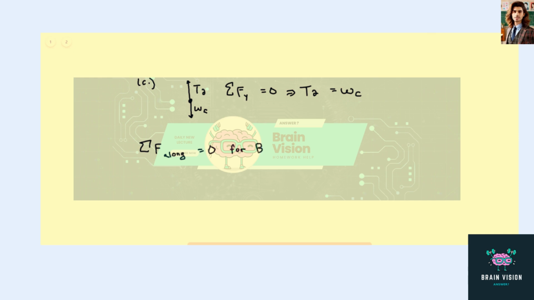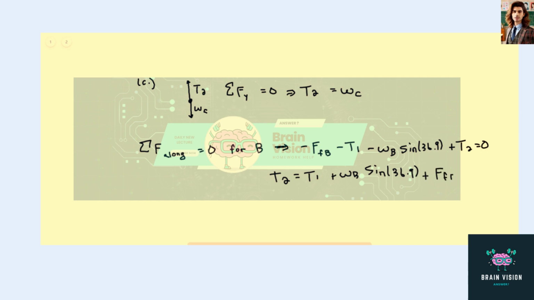This, again for block B, gives negative friction force of B, because it's pointing in the negative direction, minus T1 minus the weight of block B times sine of 36.9 plus T2 is equal to 0. Solving for T2, this gives T2 is equal to T1 plus weight of B times sine 36.9 plus friction force of B.